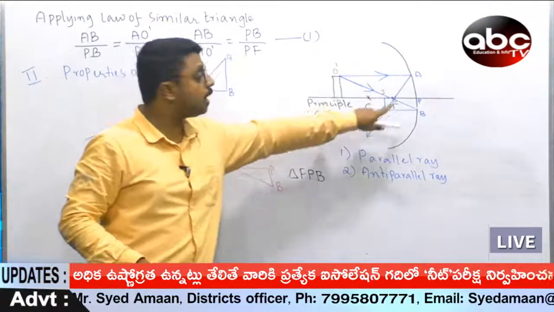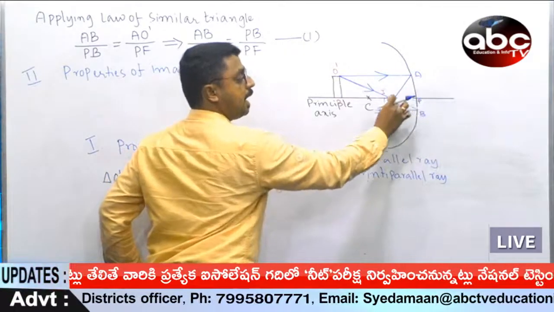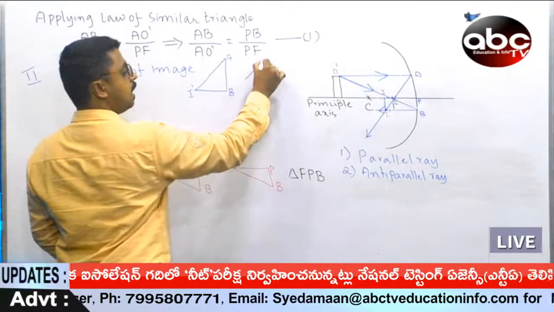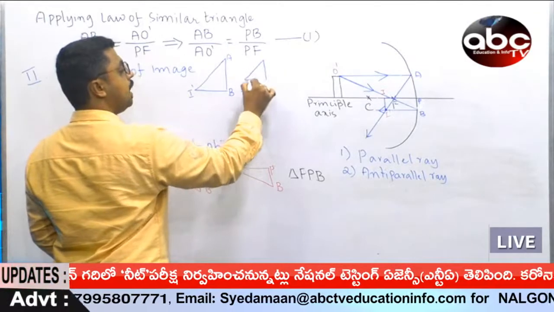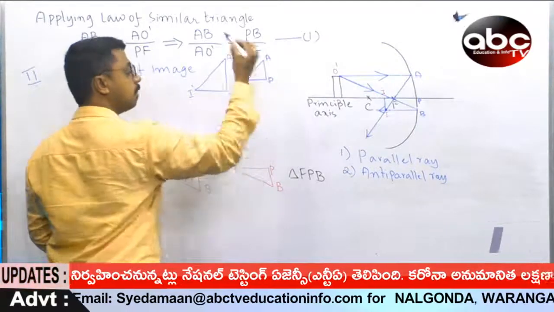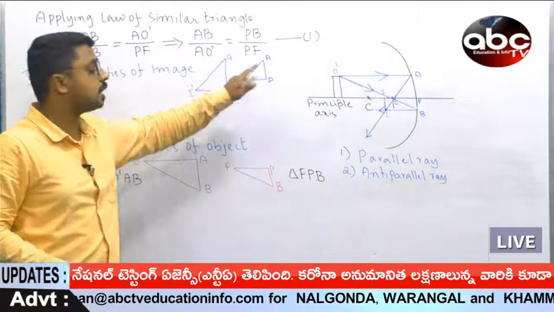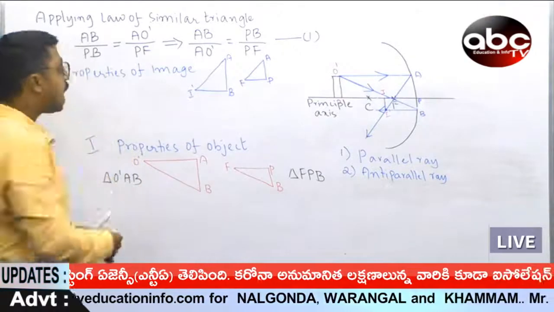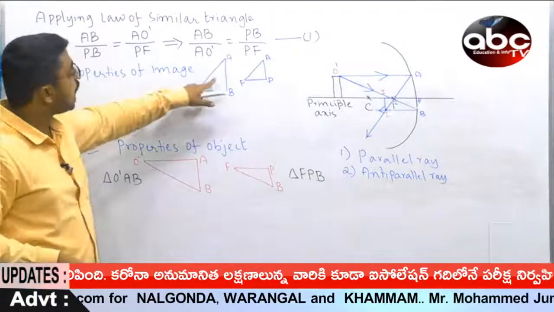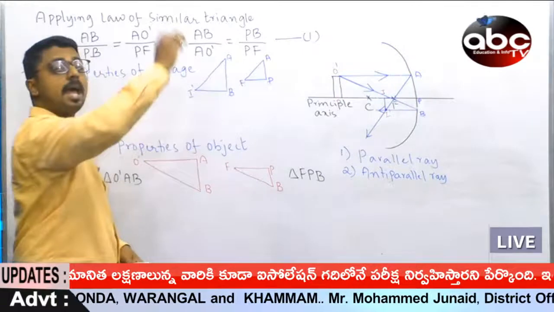Apart from this, there is another smaller triangle here, FAP. It is a right angle triangle. So we again got a bigger and a smaller triangle, the same type, both are right angle triangles. So let us apply the law of similar triangles to these two triangles also.